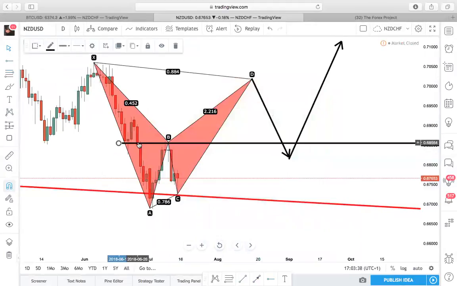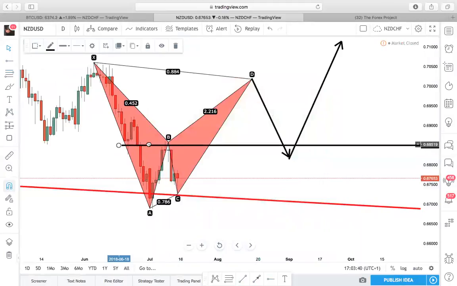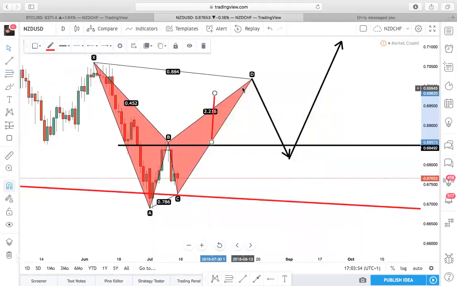So we got the neck would be here. Does that work? Okay. So then we're going to go up here close to the D just off trend analysis if we make that double bottom.